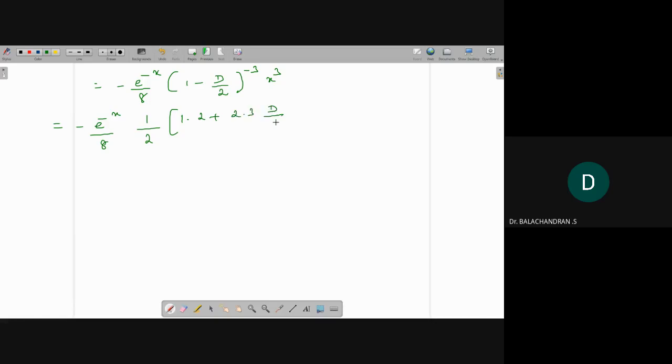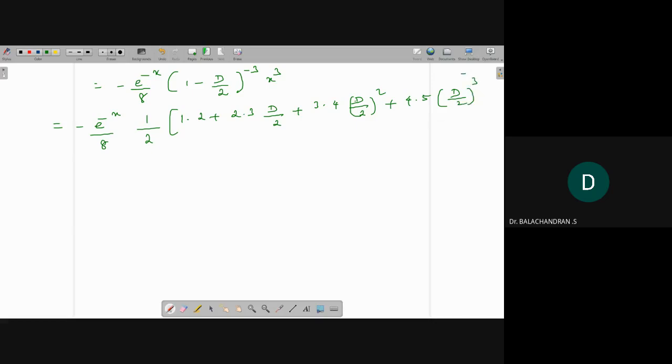X is here d by 2 plus 3 into 4 x square is here d by 2 whole square plus 4 into 5 x cube is d by 2 whole cube.